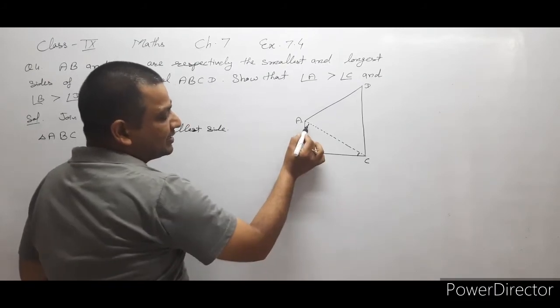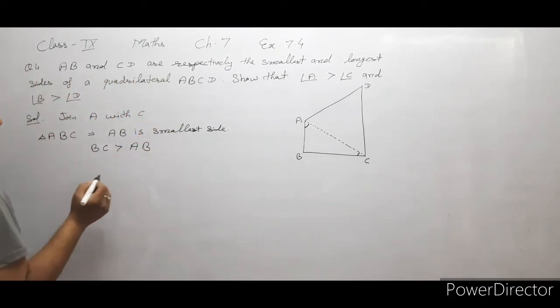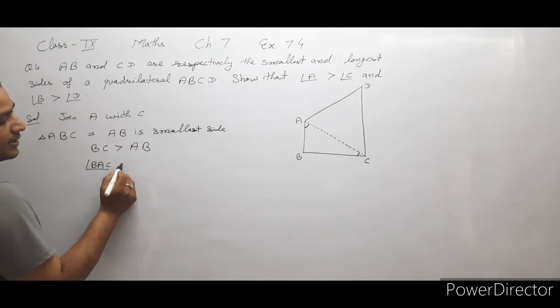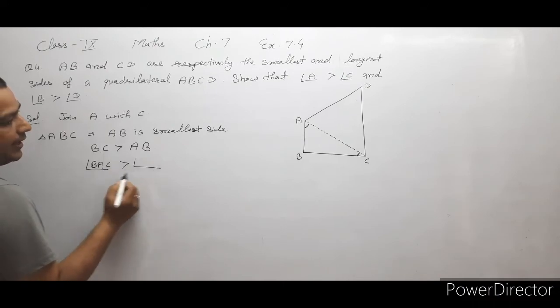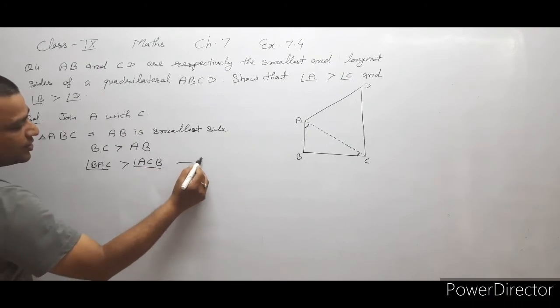We can write that angle BAC is greater than angle ACB. Equation number 1.